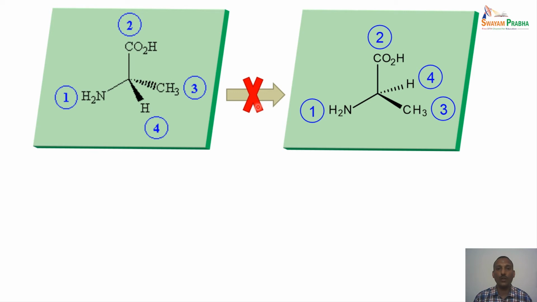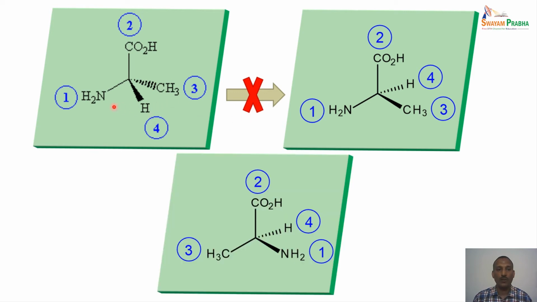So how can we do that? Another way is to move all three groups simultaneously. This one has to move towards the right hand side. From here it had come to the front. Simultaneously the hydrogen has to go back. So hydrogen went back, and the methyl group which was behind comes to the place of NH2.